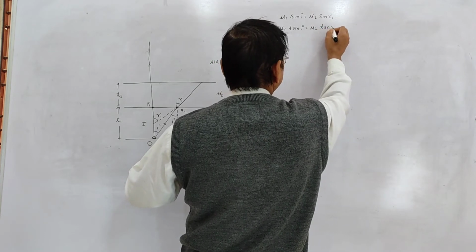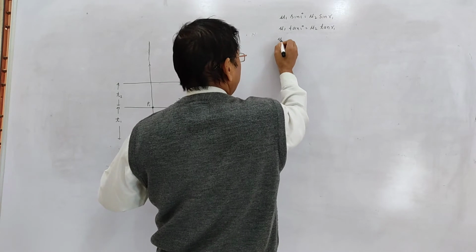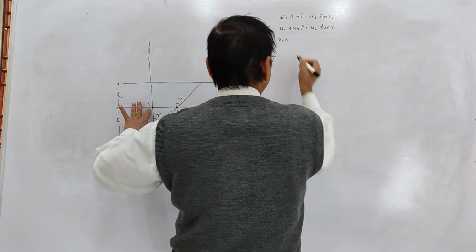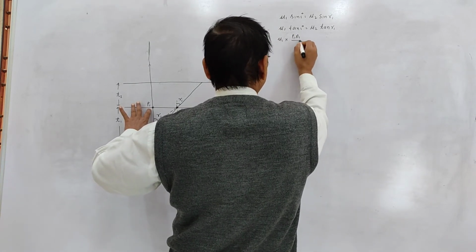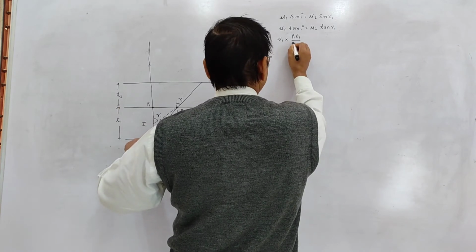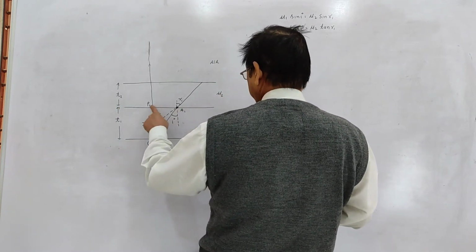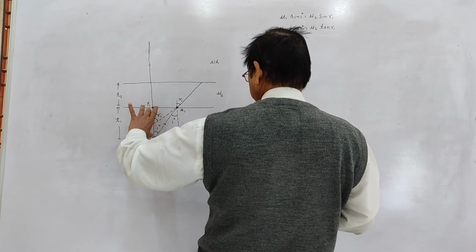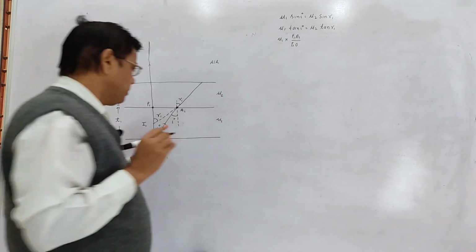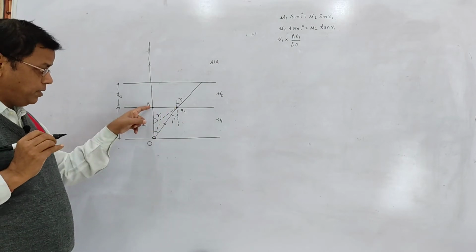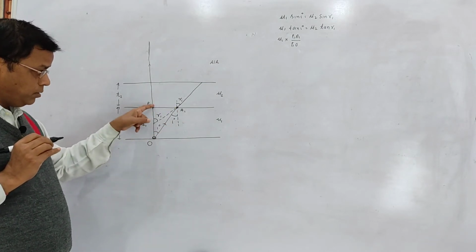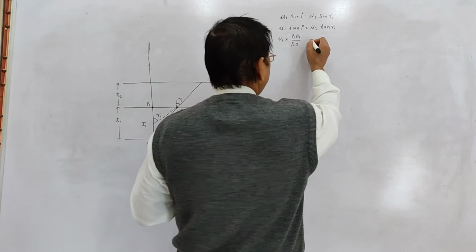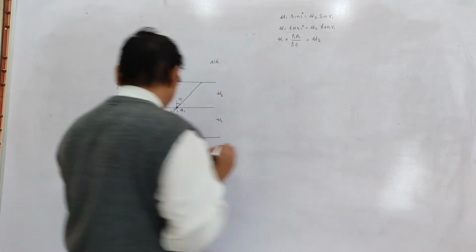In the right angle triangle O A1 P1, tan of angle i is perpendicular upon base. In triangle O A1 P1, tan i is the perpendicular, that is A1 P1, upon the base, that is P1 O, and this is equal to mu 2 into tan R1.